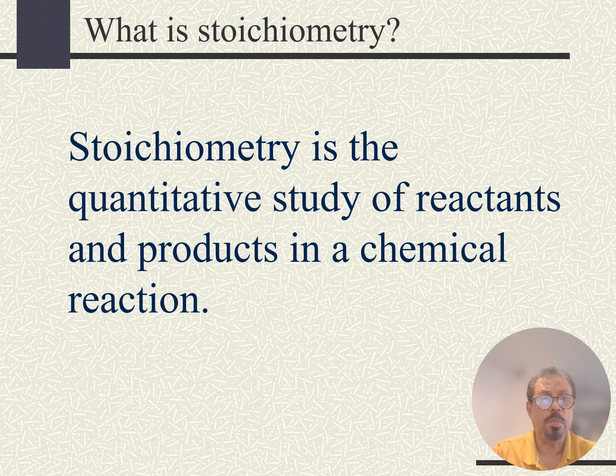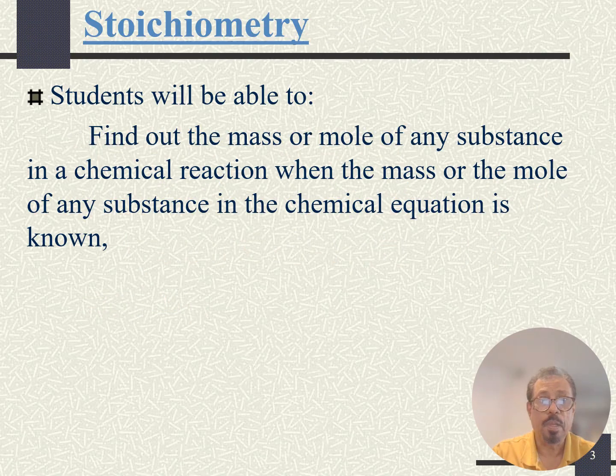So stoichiometry is the quantitative study of reactants and products in a chemical reaction. The main objective is to find the mass or moles or volume of any substance in a chemical reaction when you know one of the substances, either mass or mole, or even volume.